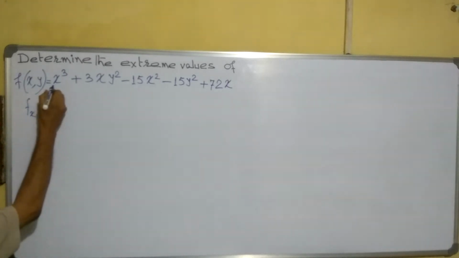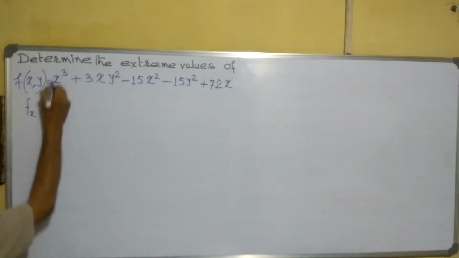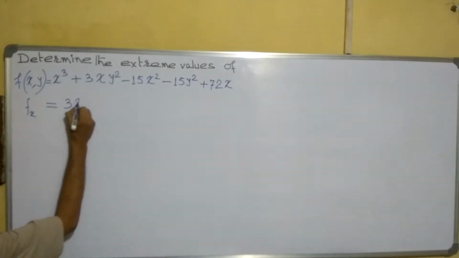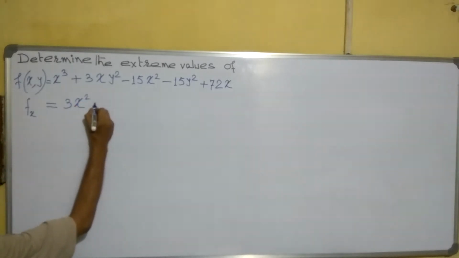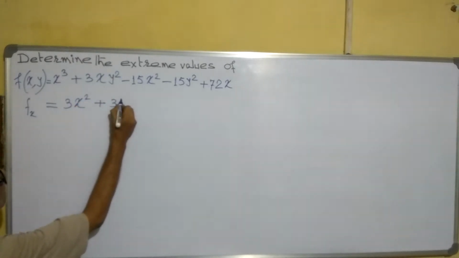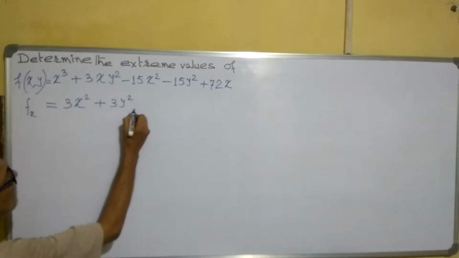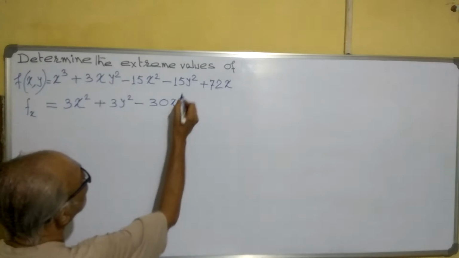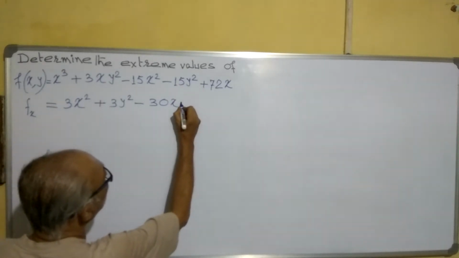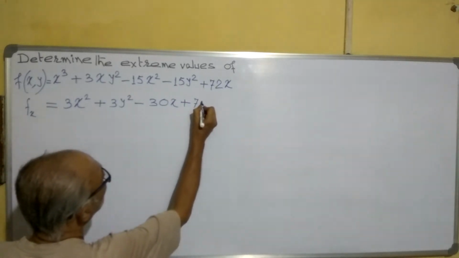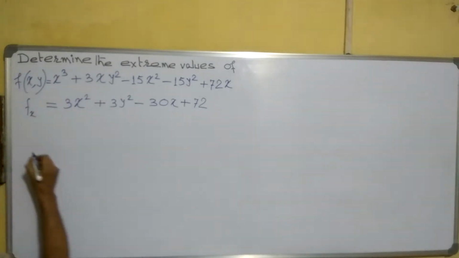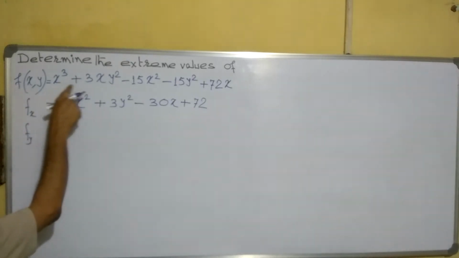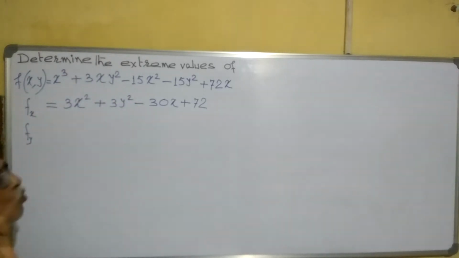fx means differentiating this with respect to x, considering y as constant. So it will be 3x square plus 3y square minus 30x. This is constant, so 0, plus 72. fy means differentiating this with respect to y.